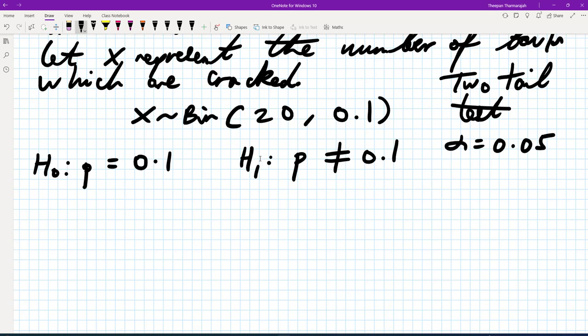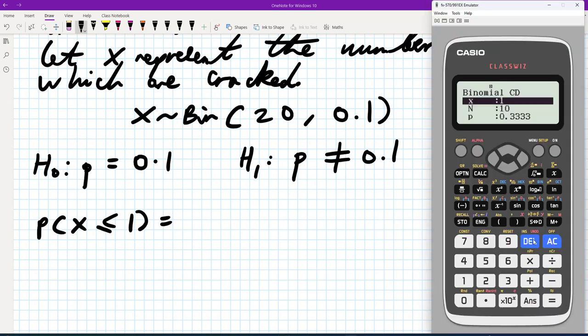Now the probability that x is less than or equal to 1, we can use our calculator like so: less than or equal to 1, n is 20, and our corresponding probability is 0.1. So now we get 0.3917.